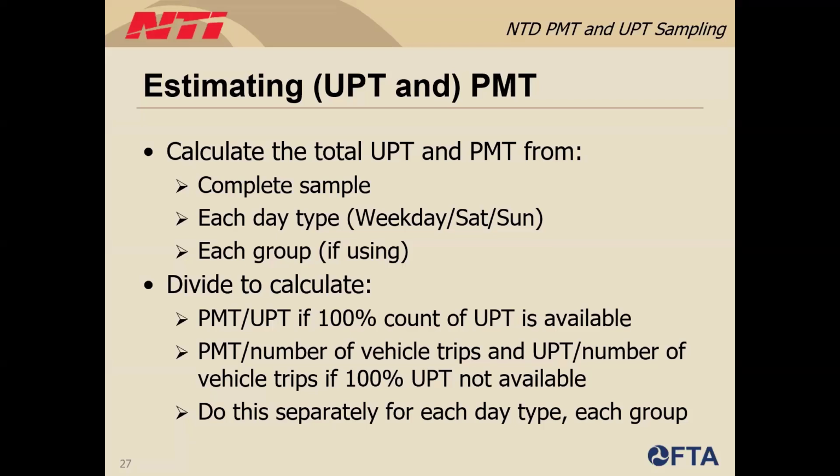So you need to divide PMT by the number of vehicle trips in the sample to get PMT per trip, and divide UPT by the number of trips in the sample to get UPT per trip. Do this for each subtotal, just like the APTL case. I'll walk through an example of these calculations in a moment.